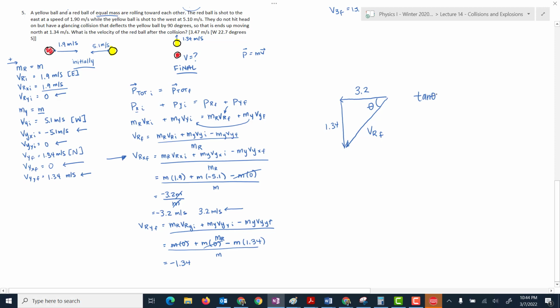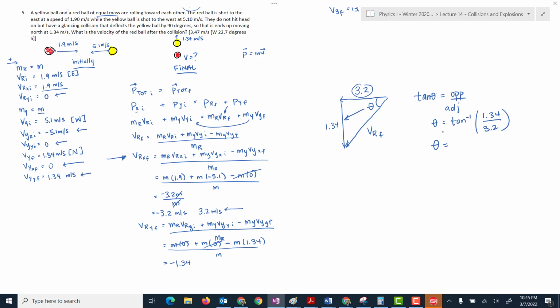Tan theta equals opposite over adjacent. Theta equals tan inverse of the opposite side, which is 1.34, over the adjacent side, which is 3.2. And I'll type that on my calculator. So I have tan inverse of 1.34 over 3.2.